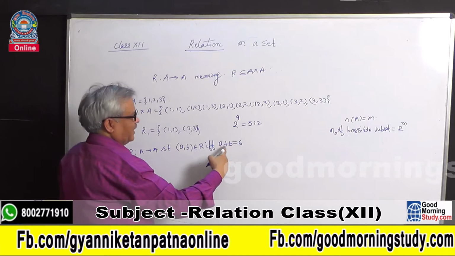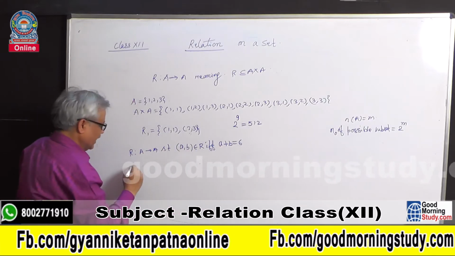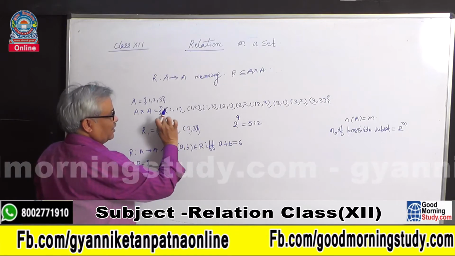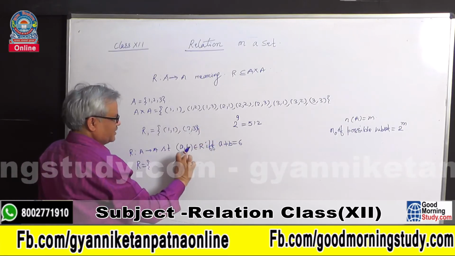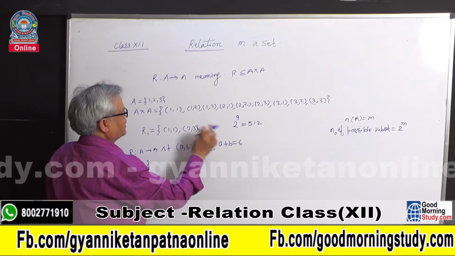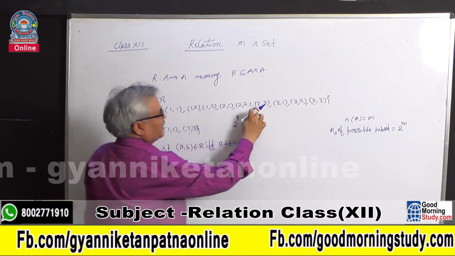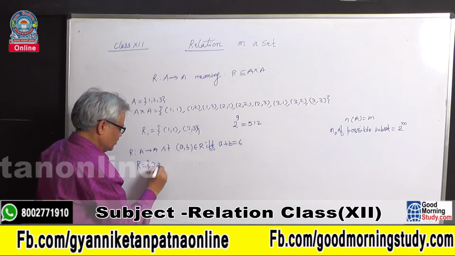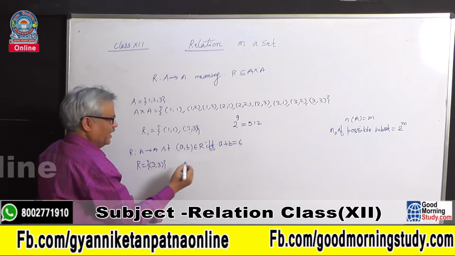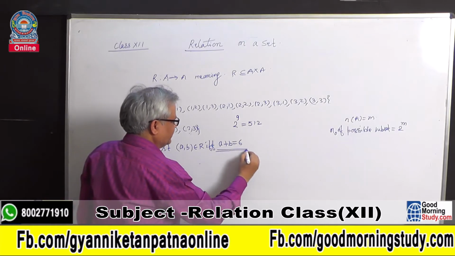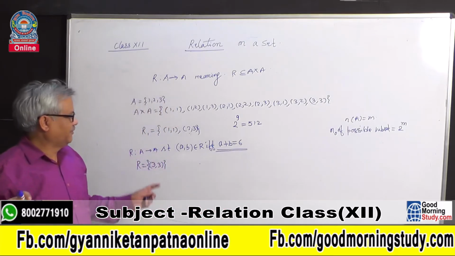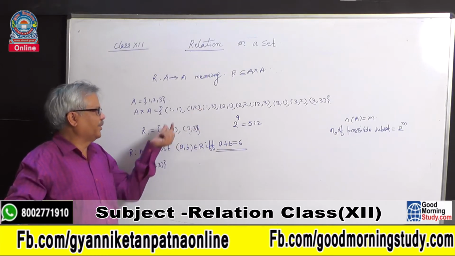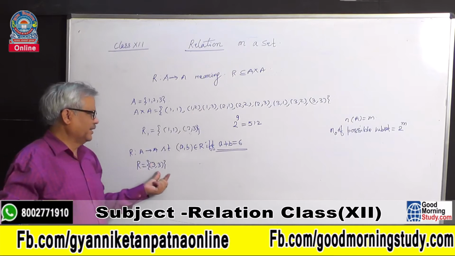In this relation R will be the set of ordered pairs in which the sum of the two should be equal to 6. We find the sum, and only one element is here, that is (3, 3). So this is the relation. In this way, different criteria, different conditions will be given to us. According to that, we take out the ordered pairs from here and make the relation.